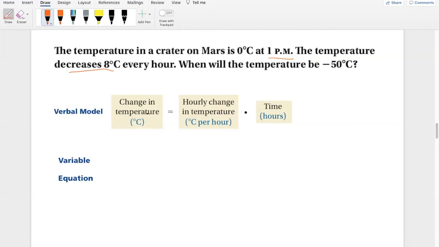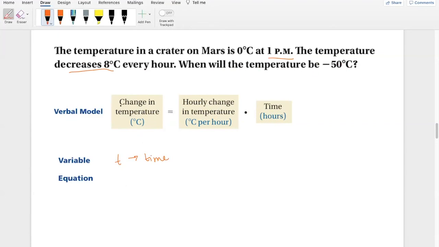So this is how we would want to set it up if we're thinking about it verbally. The change in the temperature equals the hourly change multiplied by time. The variable we're going to use, we can say T is going to be our time. And that's what we're going to be finding out. What will be the time when the temperature is -50 degrees Celsius?